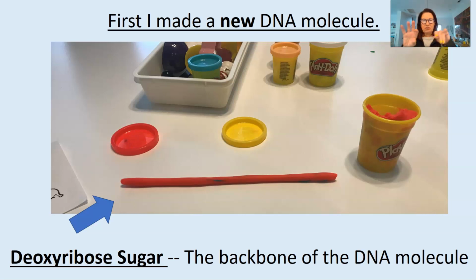So I rolled a long thing of red Play-Doh, and this is going to be the backbone of my DNA. So first I'm doing my DNA, and then I'm showing you how to do the RNA. This here is going to represent the sugar of my backbone.